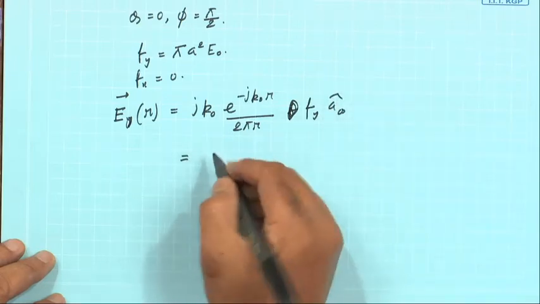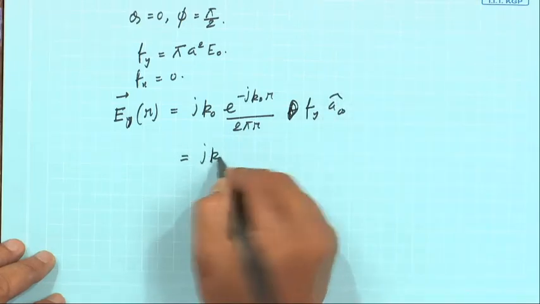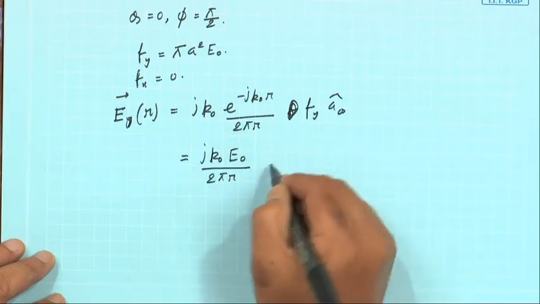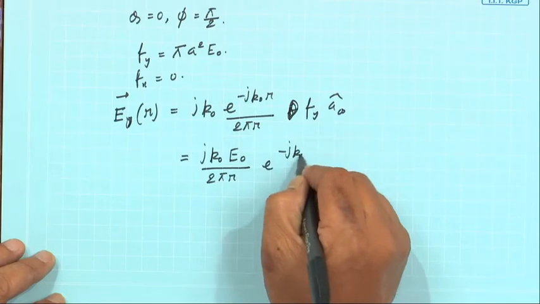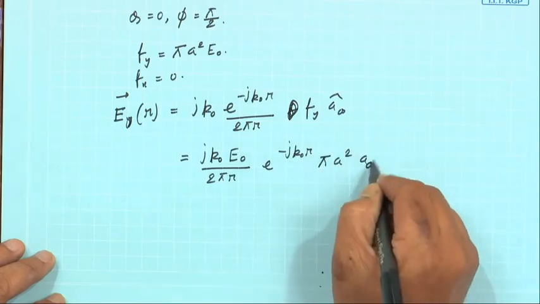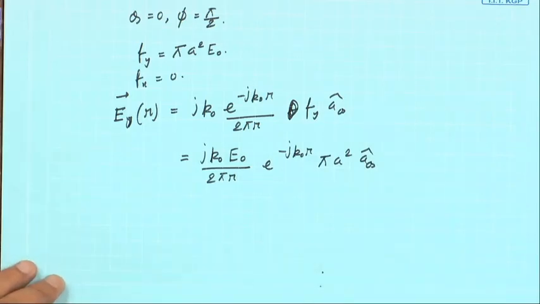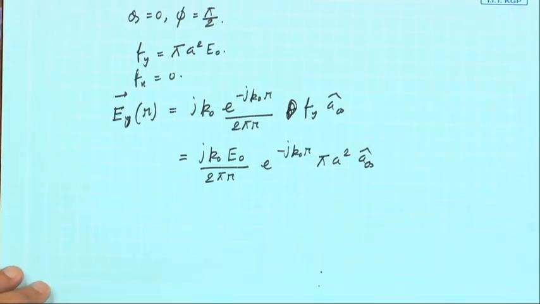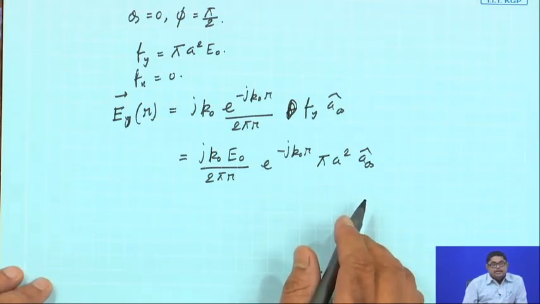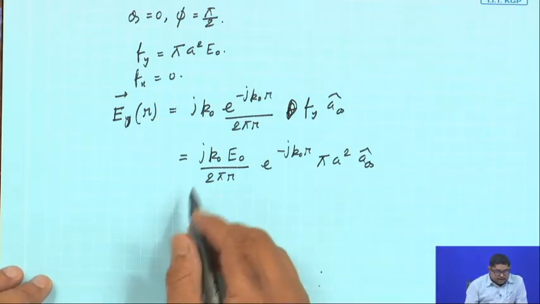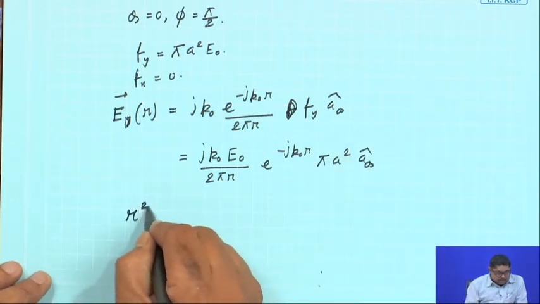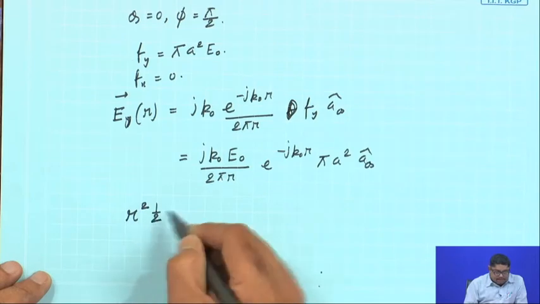So that will be j k naught E naught by 2 pi r e to the power minus j k naught r pi a square a theta. So this will be the far field.